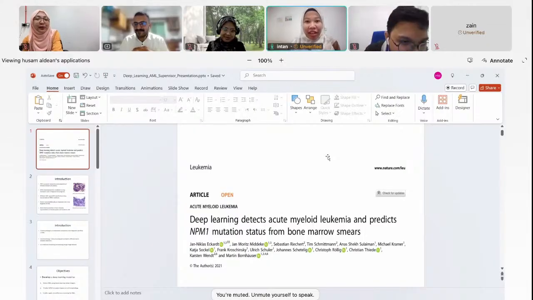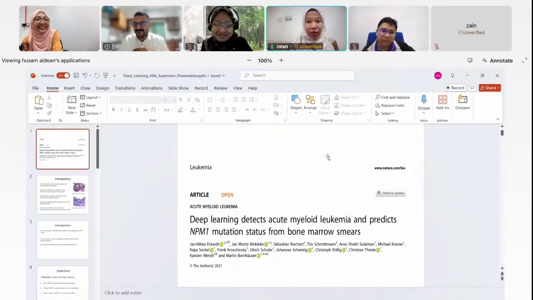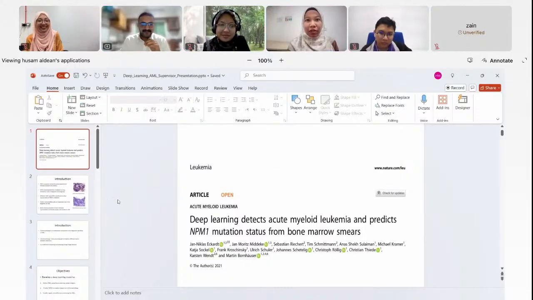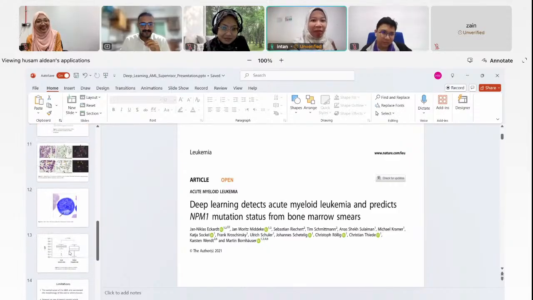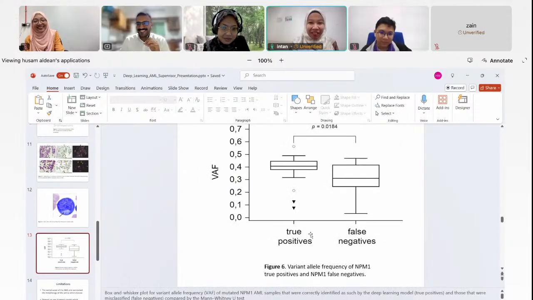I wanted to ask you about the false negative based on the box and whisker plot, but you already answered my question. So we agree that the true positive and false negative are NPM1 mutation.